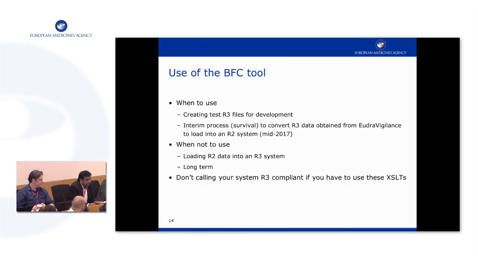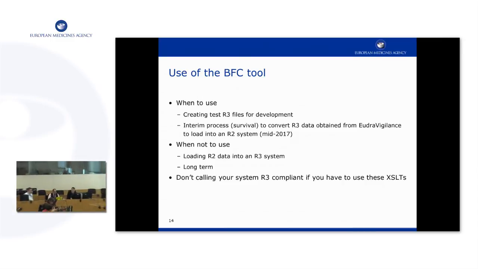Okay, one more. Suppose EMI will go for R3 implementation in September, and the company still uses R2 format. Will there be impact on signal detection if the company still uses R2 format and EMI is supporting R3?